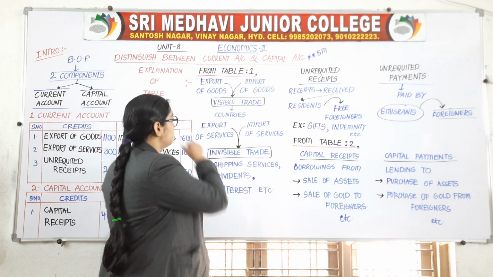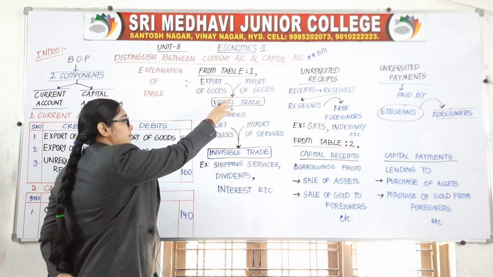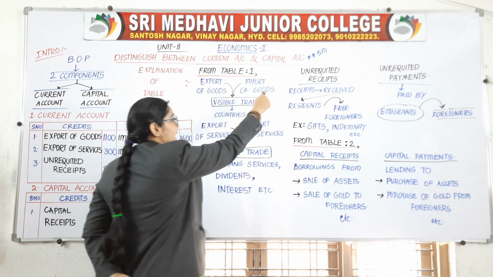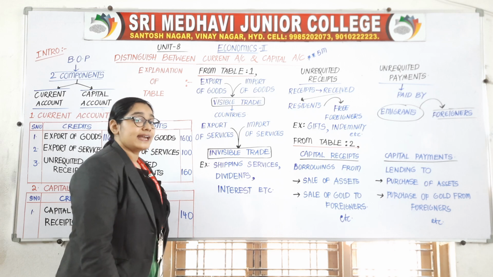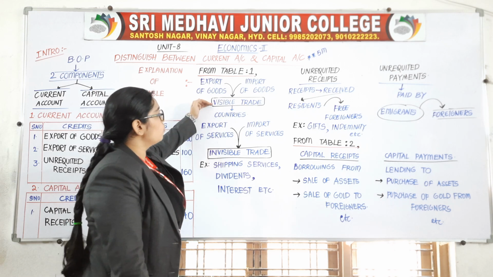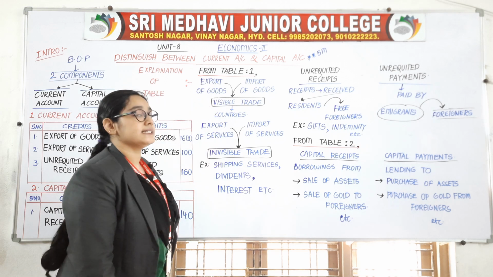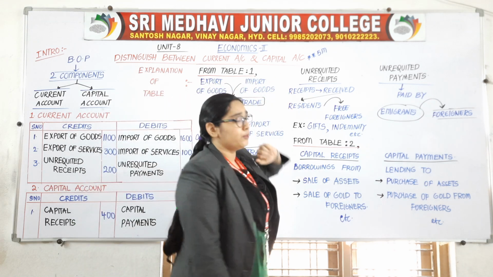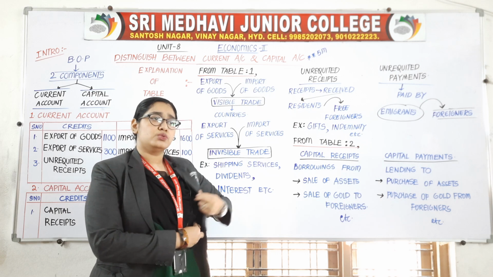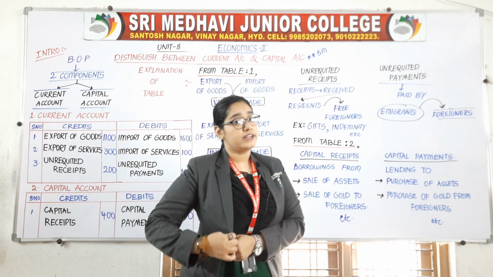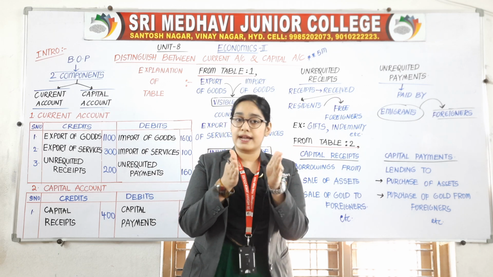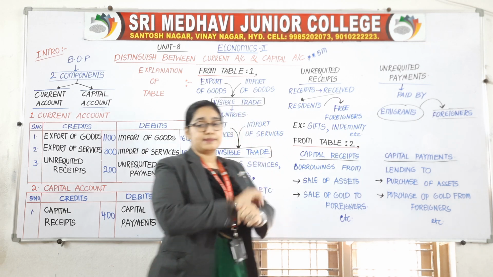Let us see. From table 1, exports of goods and imports of goods explain the visible trade of countries. Whenever goods are exported or imported, that is visible to our eyes, so that is visible trade.